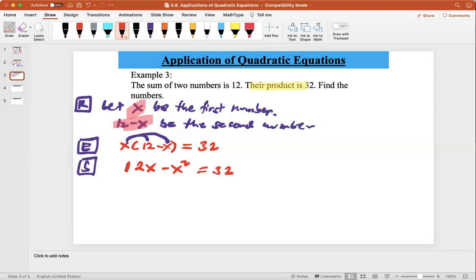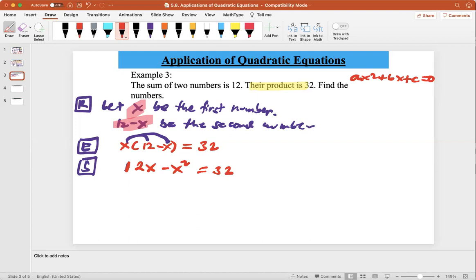All right. And now we have here 12x minus x squared equals 32. Let's make sure we put all terms on one side, making one side 0. It could be the left side or right side. So now we try to come up with an equation in standard form, ax squared plus bx plus c equals 0.